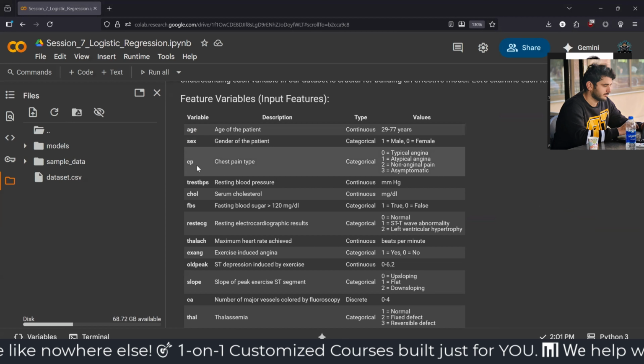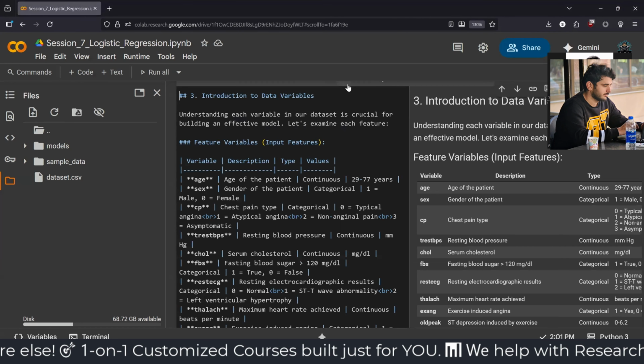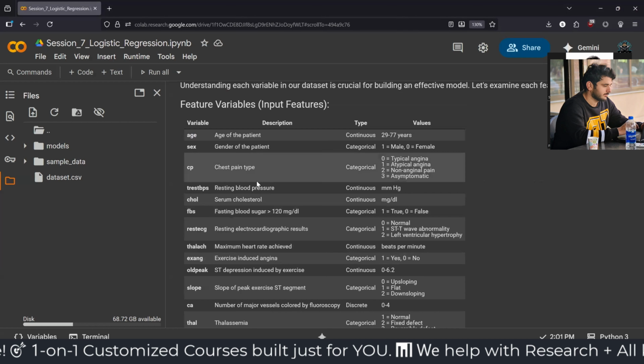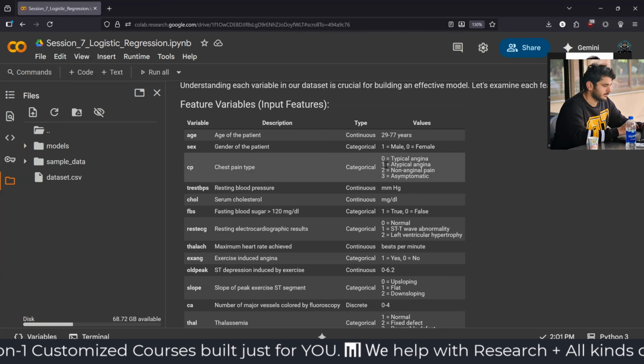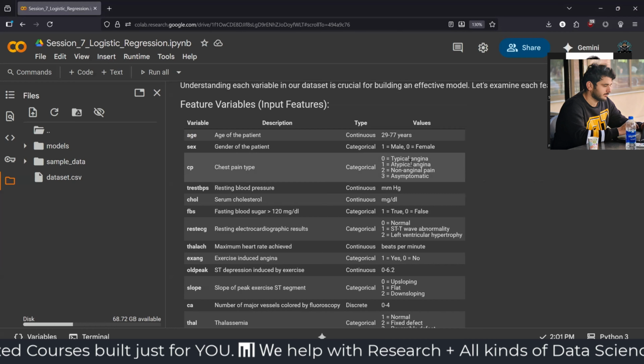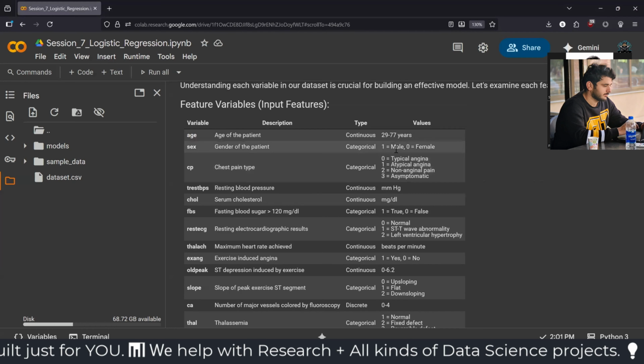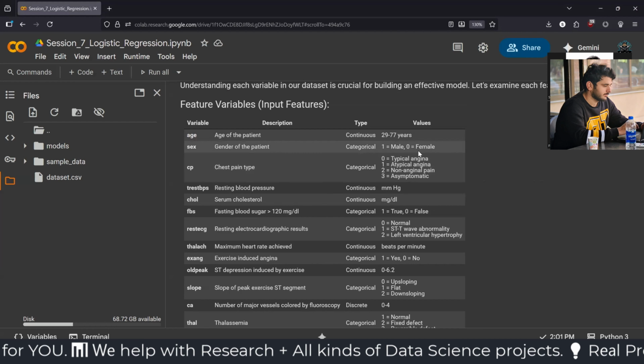CP is a column in the dataset that represents chest pain type. It contains 0, 1, 2, 3, different values that represent different types of chest pain. In gender, a value of 1 means male, and 0 means female.